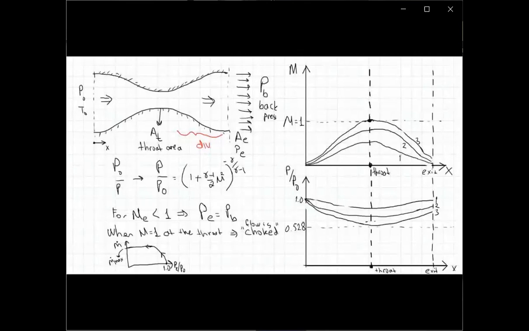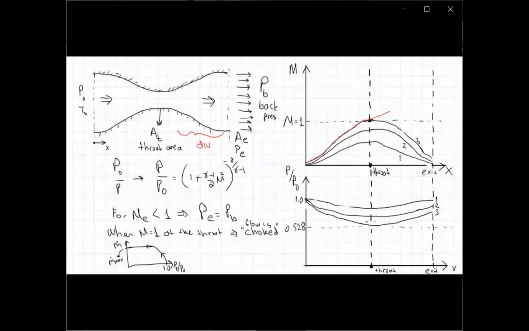So the Mach number distribution will be the same right on top of scenario 3. If I draw this case with a red line, I will follow the same line here and reach sonic condition. Then, since the exit pressure is lower now, we will have some supersonic region within the diverging part of the nozzle.